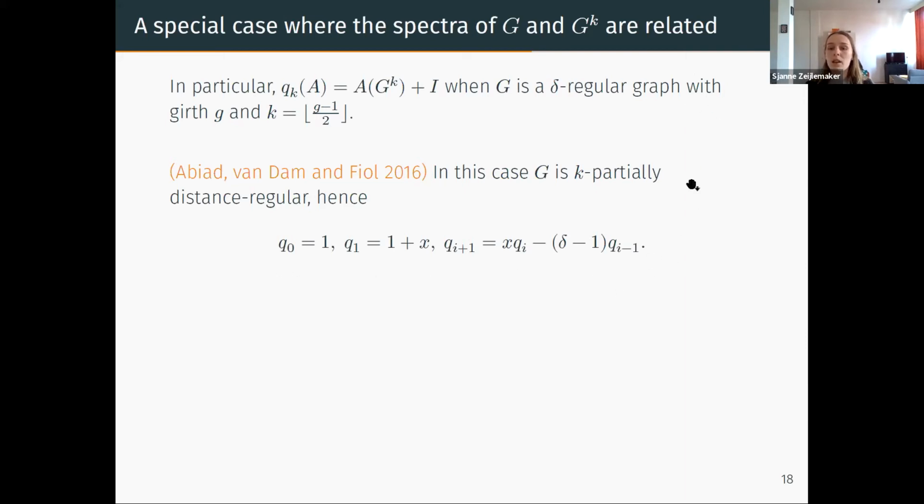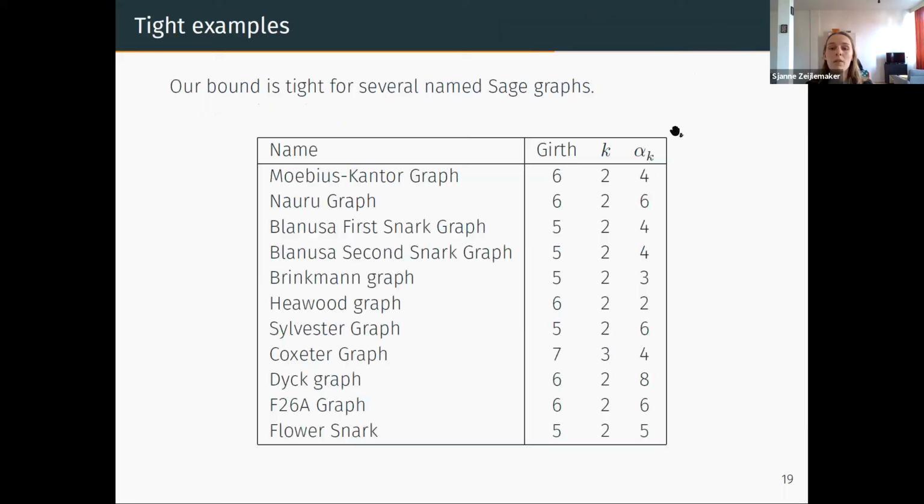So in this specific case, we can very easily compute our bounds, and we did this for several graphs in Sage. Now, later in this talk, I also mention the k-independence number, so we just translated it back to this number so that it's clear what the relation is. But you can see that for quite a few of these graphs, we find exactly the k-independence number with this bound already.